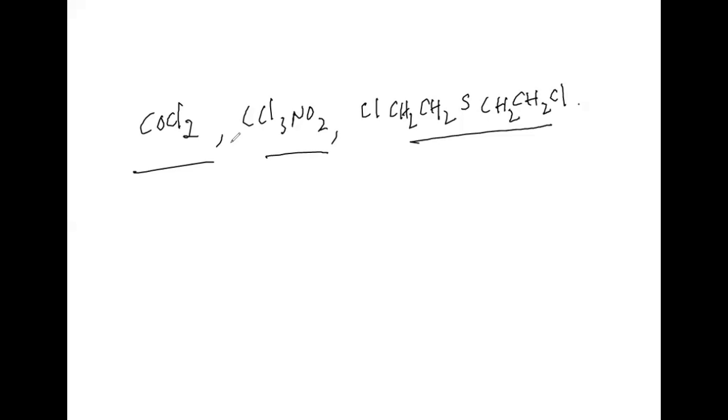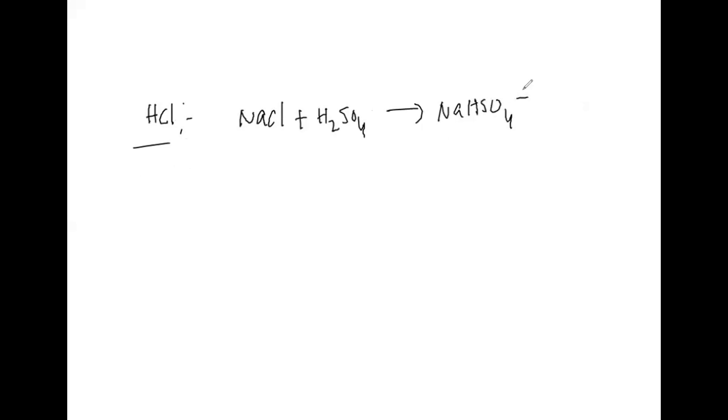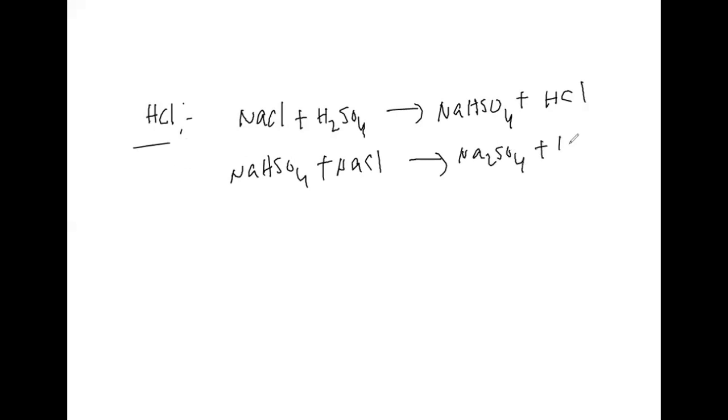Now come to the next compound, that is HCl. How can you prepare this HCl? We can prepare it using NaCl plus H2SO4, which gives rise to NaHSO4 plus HCl. Then this NaHSO4 plus NaCl gives rise to Na2SO4 plus HCl.